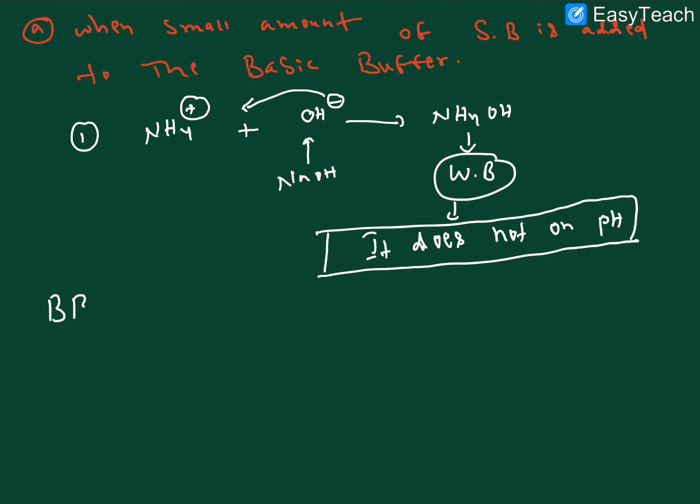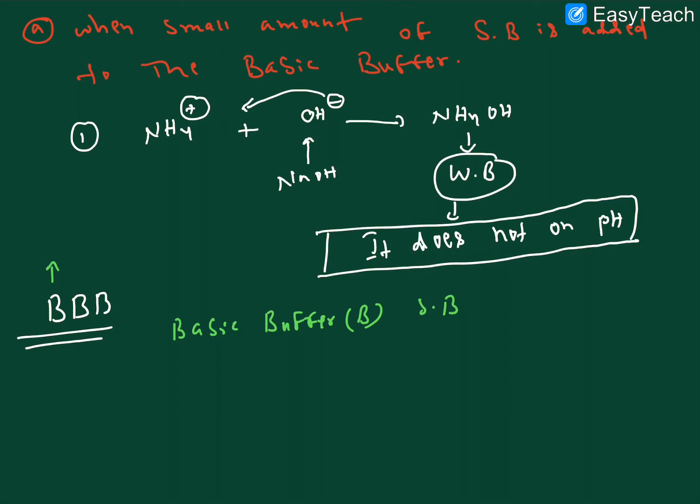The simple rule here: what is the rule? BBB. What is that BB here? The first B is the basic buffer solution, right? This is the first B. Then next, add the strong base.